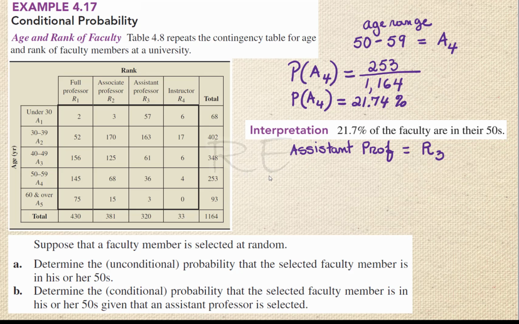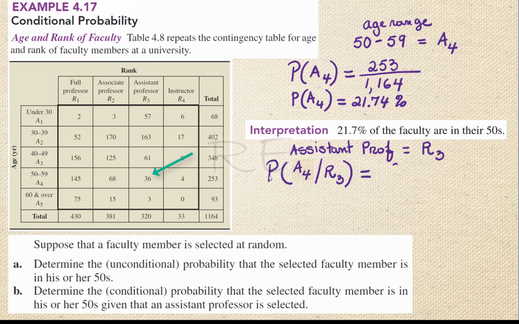Now, assistant professor is symbolized by R3. Probability that a faculty member is in his or her 50s, P(A4), given that the faculty member is an assistant professor, R3.